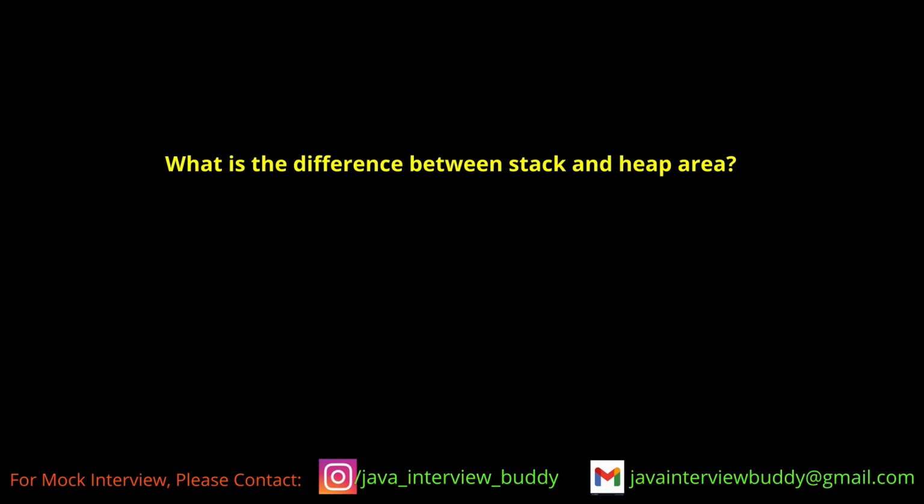What is the difference between stack and heap area? Heap, in terms of the Java heap area, stores the objects, and in the stack most of the time the methods and our threads get stored. In the heap area we have different parts. We have a permanent generation, but that was only before 1.8; after that it got segregated from the heap area.